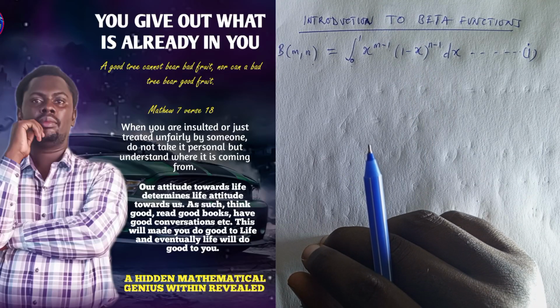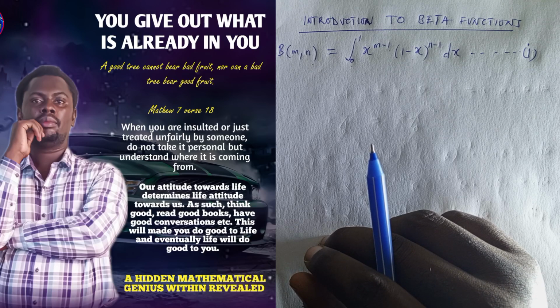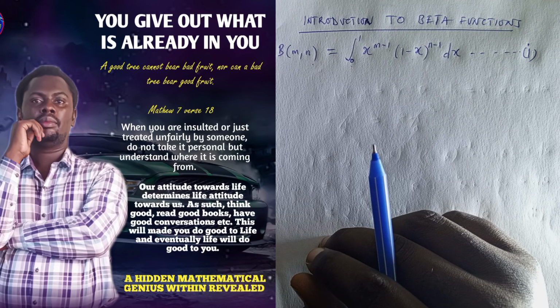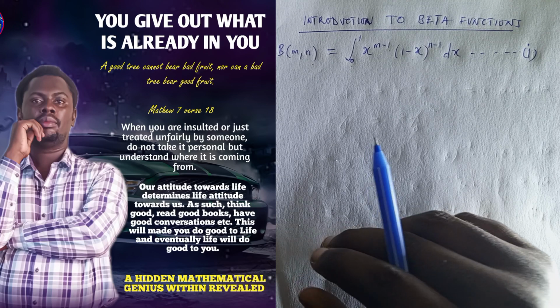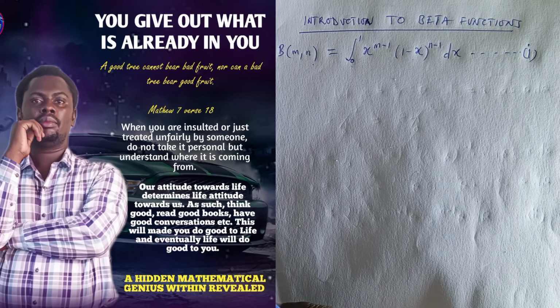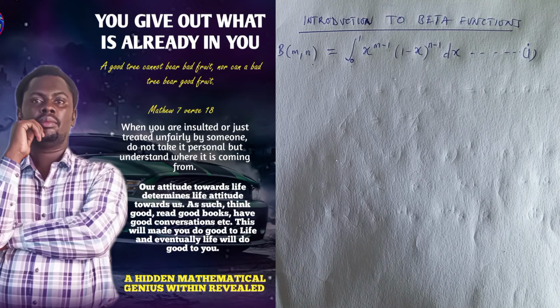Okay, so this is the first definition, the basic definition, and I want us to derive the second definition of this beta function. So this definition will be in terms of trigonometry. So we are going to let the variable be a trig ratio.